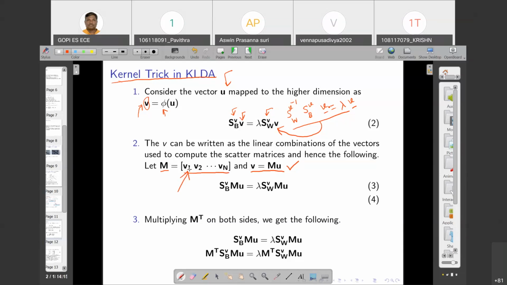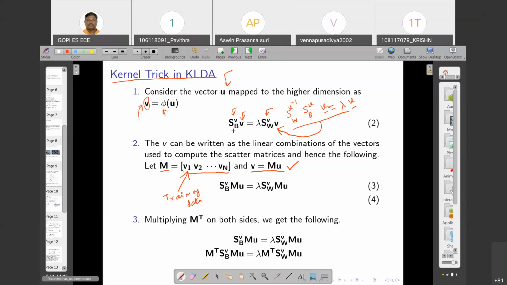All the classes are arranged one after another: the first n1 vectors correspond to class 1, then the next n2 vectors class 2, then n3 vectors, like that. They are all the complete training data in the higher dimension space. We are writing V equal to MU.